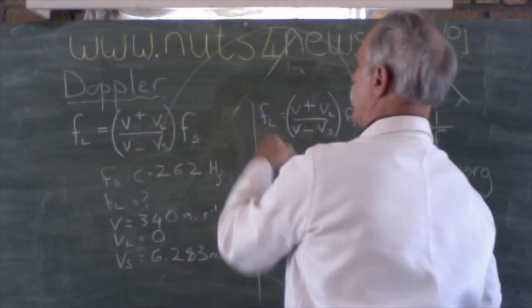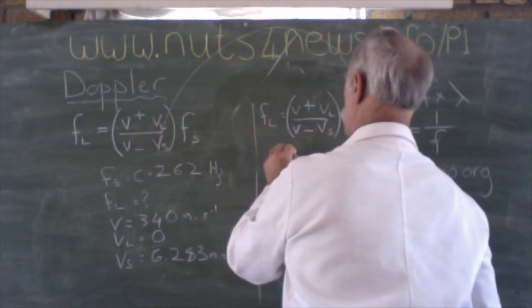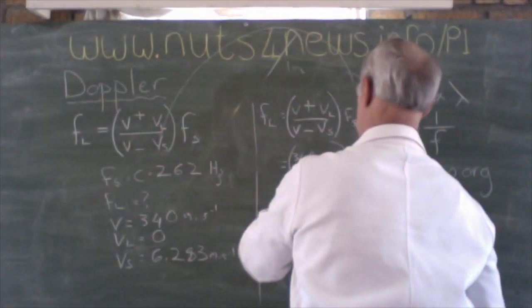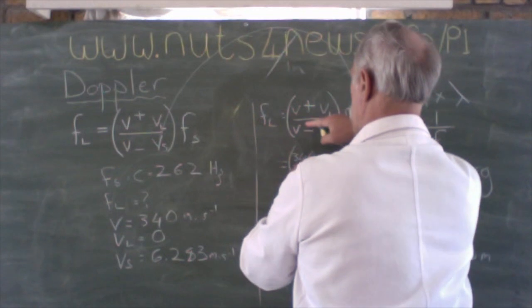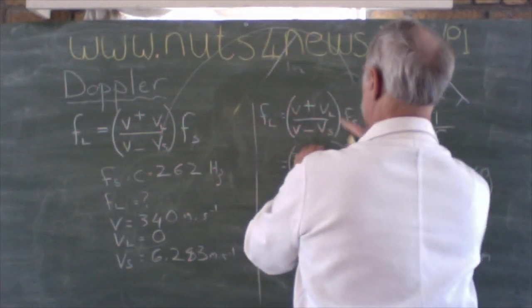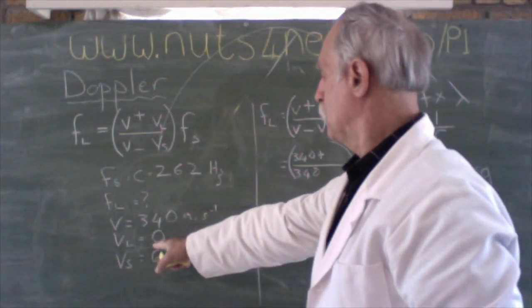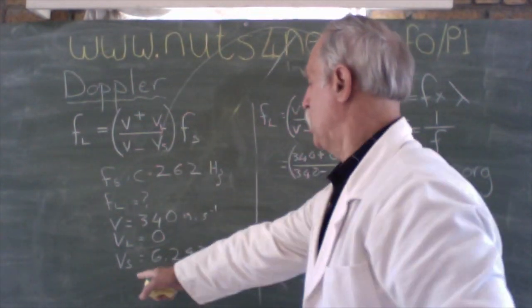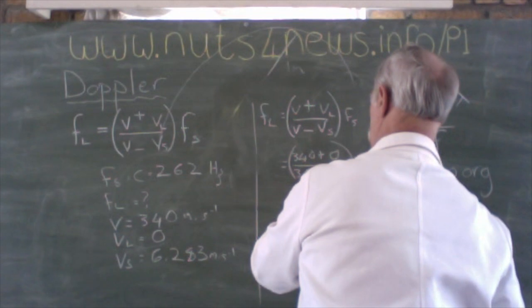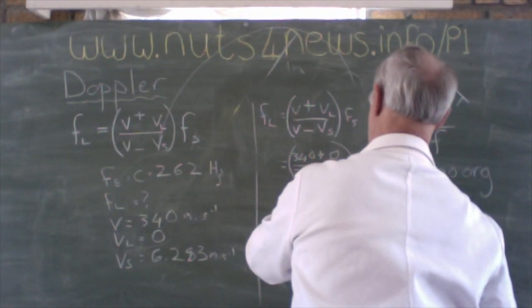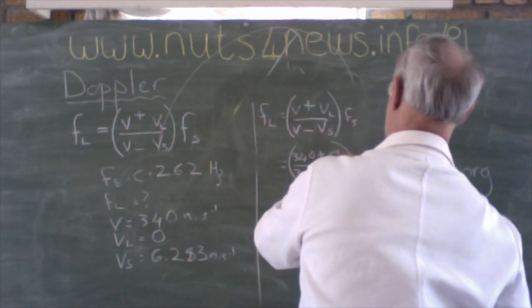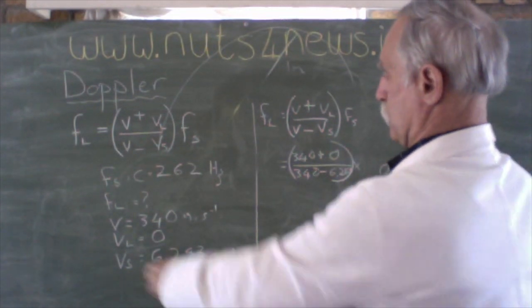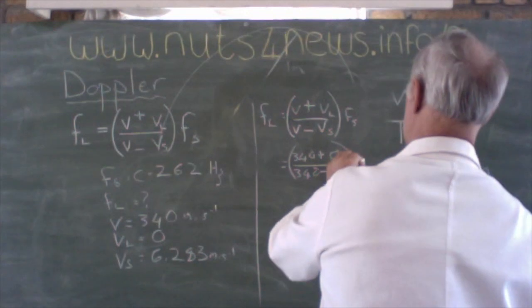So we're trying to find out the frequency of the listener is equal to 340 over 340 plus velocity of the listener, 0, minus velocity of the source, 6,283, times frequency of the source. Well, what is the frequency of the source? 262.